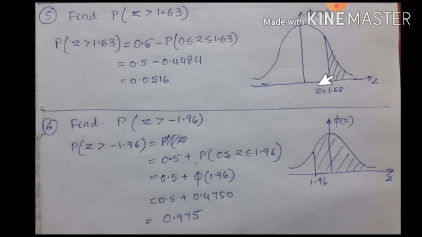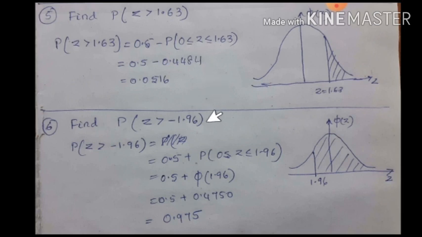We have a normal table value from 0 to 1.63. Hence we take 0.5 minus the area 0 to 1.63, subtract it, so we get the required area. To get this value, you need to refer to the normal table.